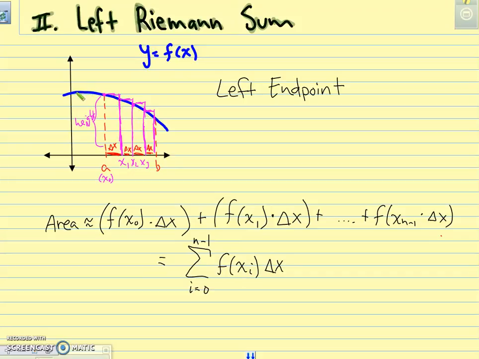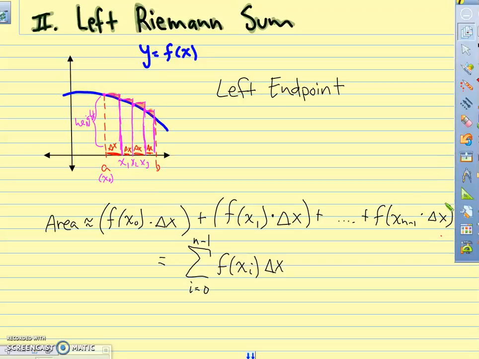One thing that I want you to notice is that given this random blue graph that I drew, it's decreasing. The left sum ended up being an over approximation. Notice that these rectangles have little spots where you counted area that is not underneath the region of the curve that we want.